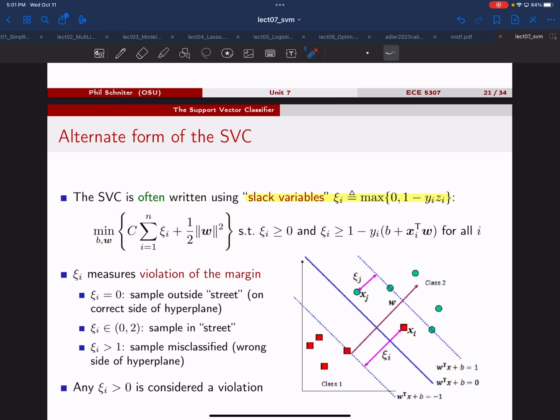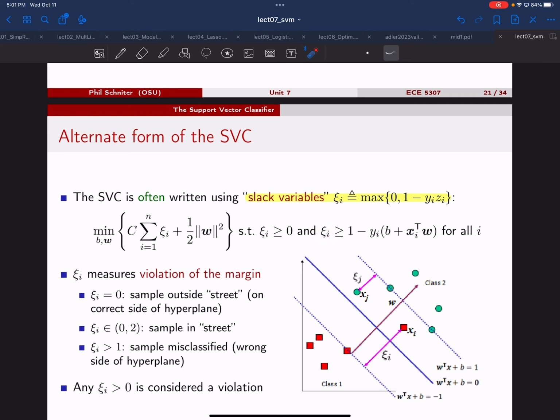Of course, now that you've made that substitution, you have to somehow describe this constraint on the slack variables. And you can do that as follows. According to how these are constructed, you can see that this must be greater than both this and this, right? Because it's the max of the two, it must be greater than both. So you can now write that as xi is greater than or equal to 0, and xi is greater than or equal to this.